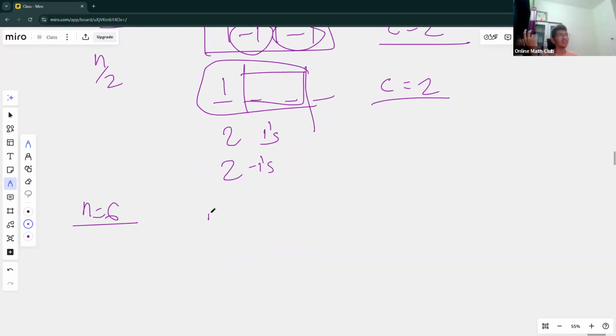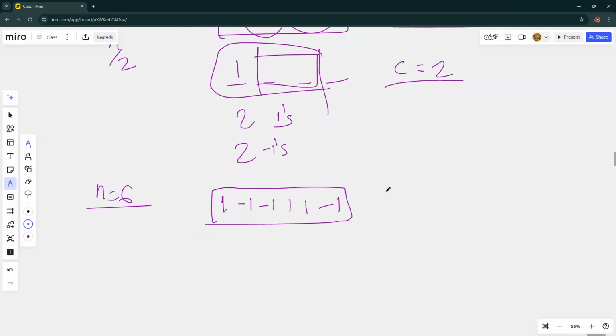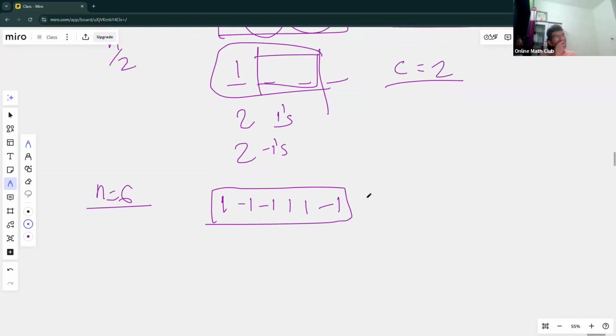Tell me the sequence, or okay, I will choose 1, 1, 1. What can be the maximum? Is it 3? How can you get 3? Can you really get 3 here?